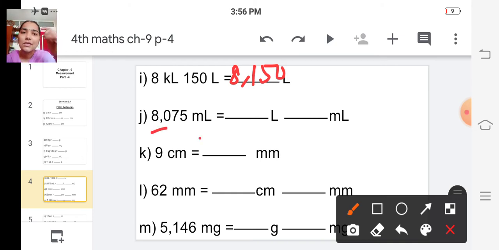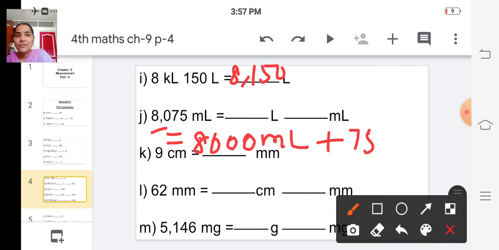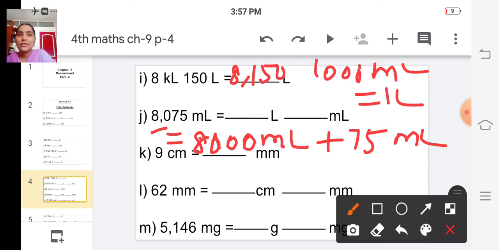Okay, the next one, 8075 milliliter is equal to dash liter and dash milliliter. So we have to split this 8075 milliliter. How to split? This 8075 milliliter can be split into 8000 milliliter plus 75 milliliter. And we all know that 1000 ml is equal to 1 liter.